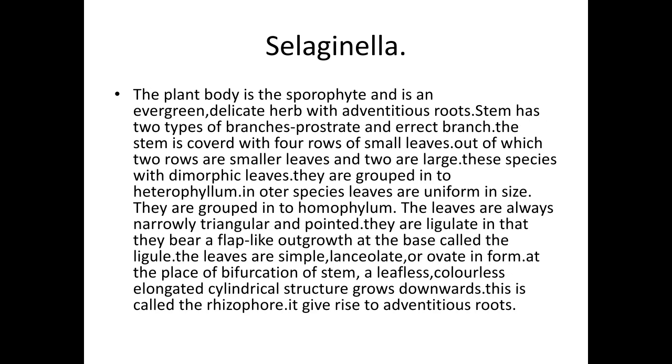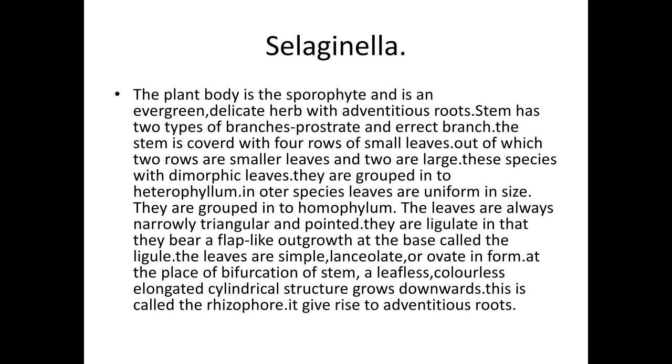In other species, leaves are uniform in size, similar in size, and such condition is known as homophyllous species. The leaves are always narrowly triangular and pointed in outline. They are ligulate.